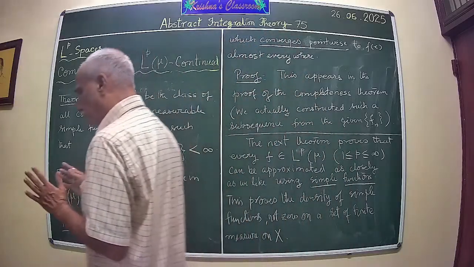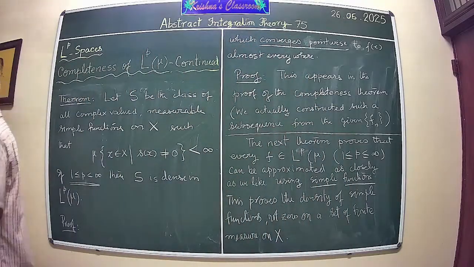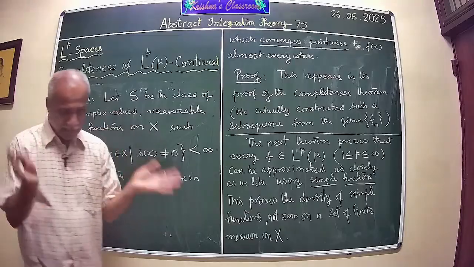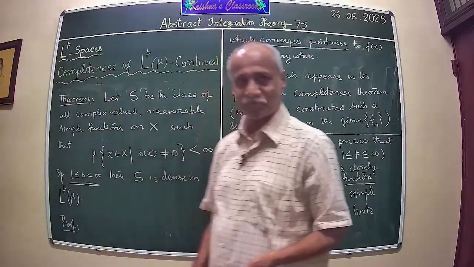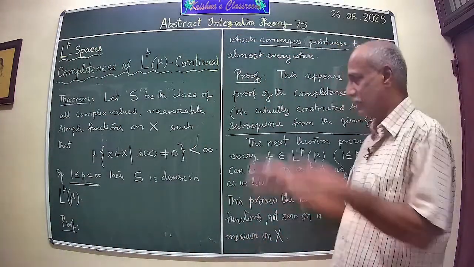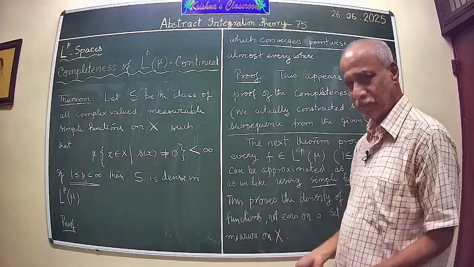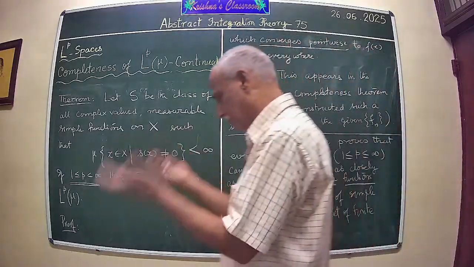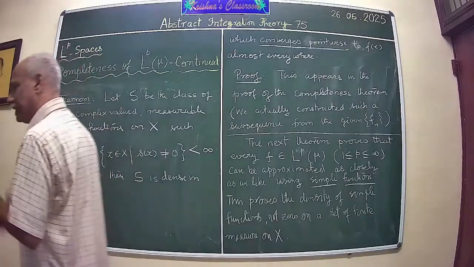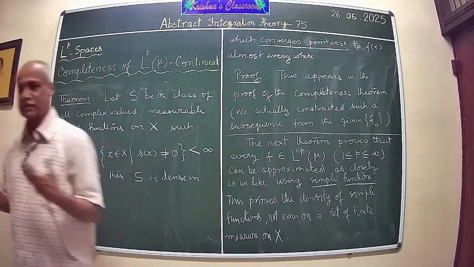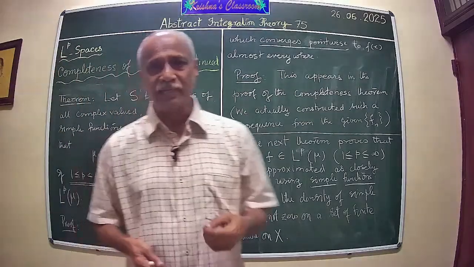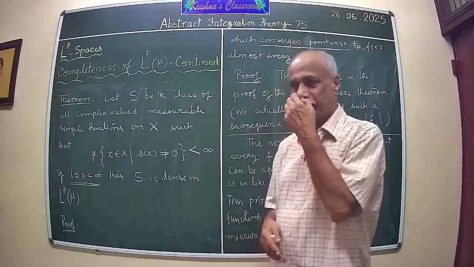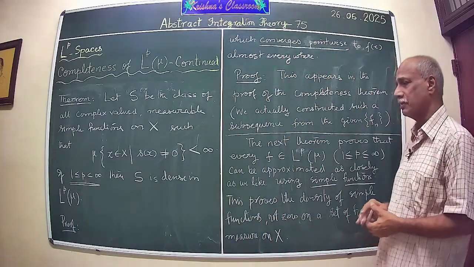The advantage of working with a very clearly known class, okay, either simple functions or continuous functions, or differentiable functions or C infinity functions: in all these cases, there are some properties available which you can exploit while doing analysis.